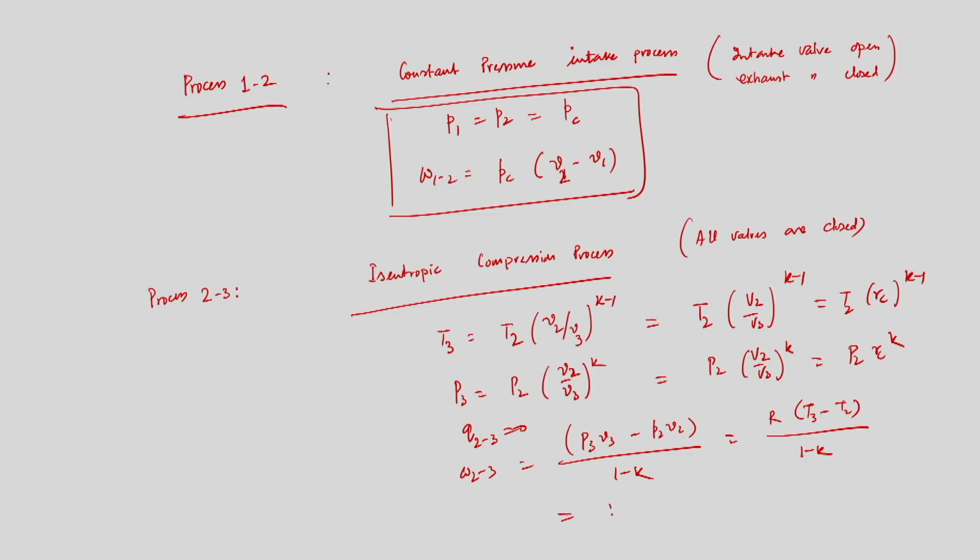So, this is as good as U2 minus U3, that is CV into (T2 minus T3). So, we are using all the ideal gas relationships while we are calculating the pressure and temperature at the end of the compression stroke. At the end of the compression stroke we are calculating temperature, pressure and work done, because there is no heat interaction, so Q23 is equal to 0, and for that we are utilizing the ideal gas relationship.